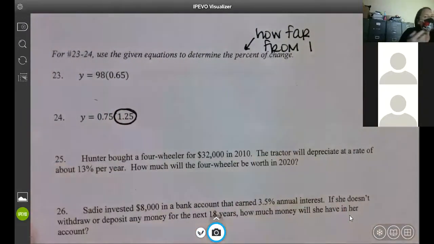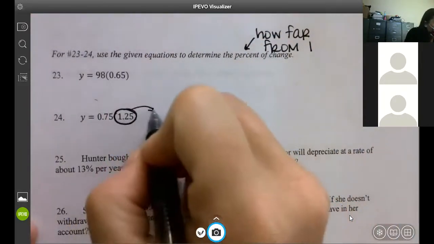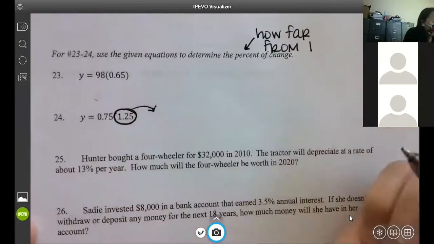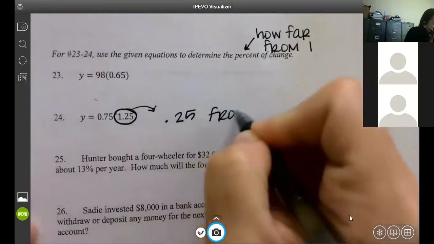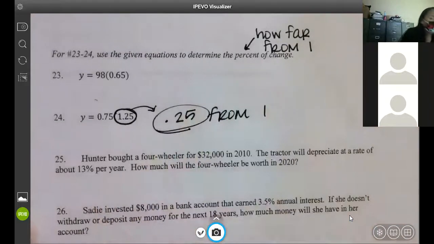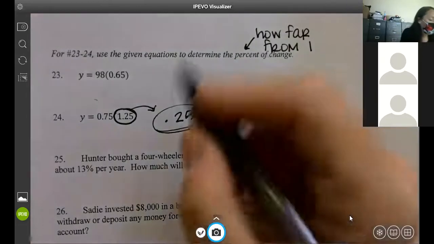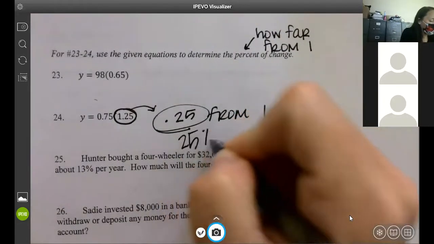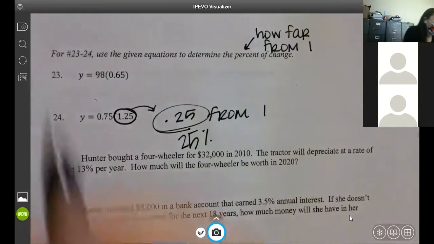How far is 1.25 from 1? 0.25. That's your answer. 0.25 is your percent of change. If they have it as percents, it's going to be 25%. Move that decimal.